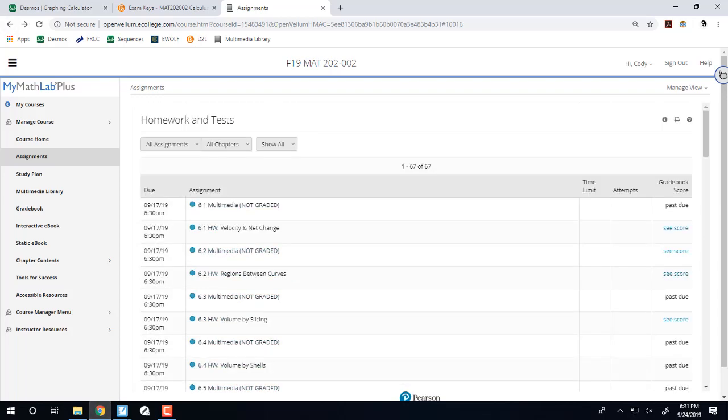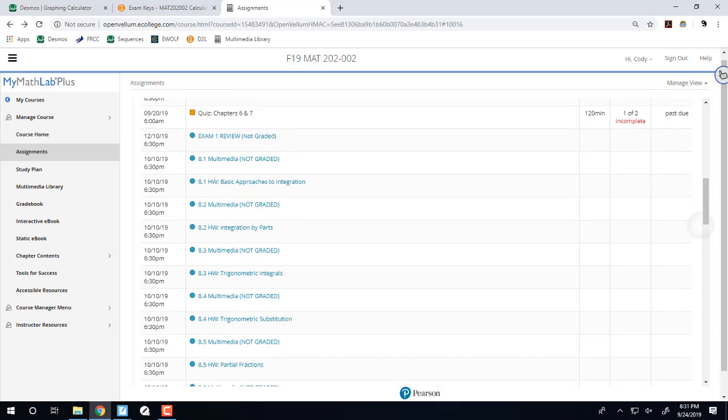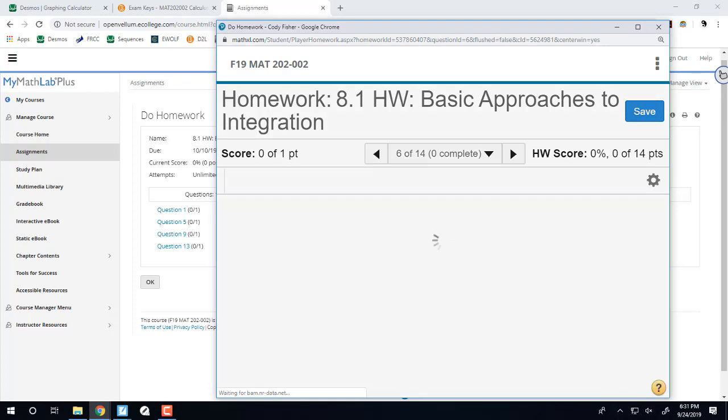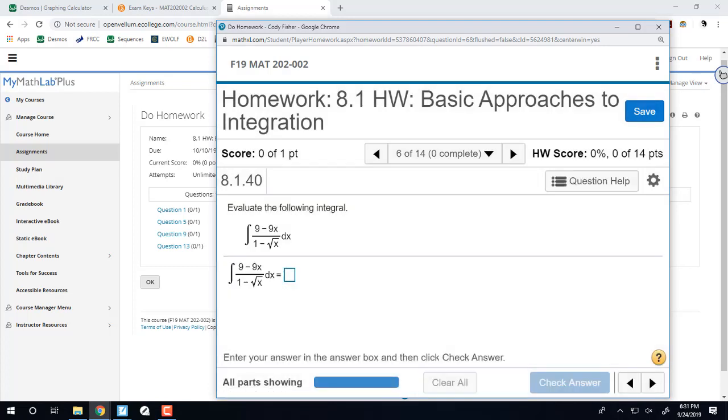8.1, number 6. Evaluate the following integral.